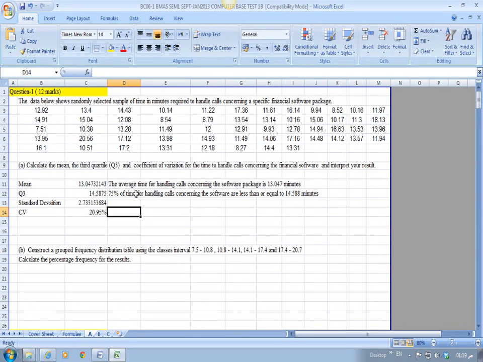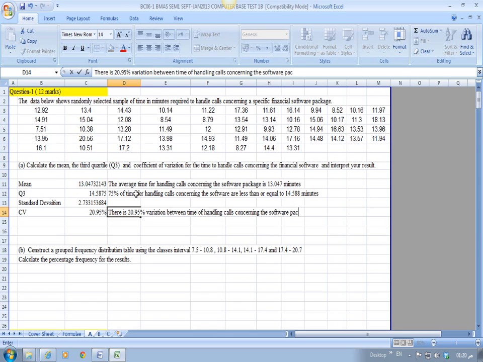Let's say it is 20.95% variation between times of handling calls concerning the software package. So this is the answer.